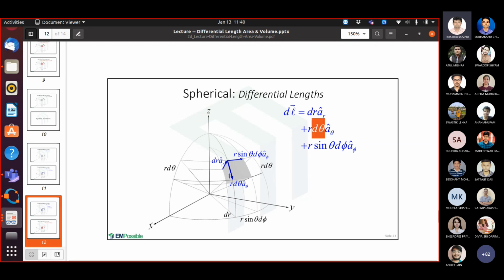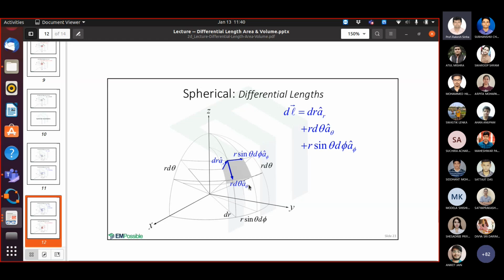This much is the incremental angle, which you can understand from this figure. So r into d theta is this much incremental length. r is the distance from the origin, and d theta is the change in angle.